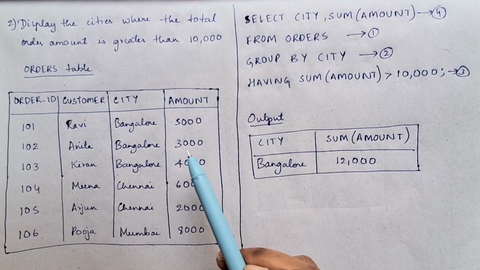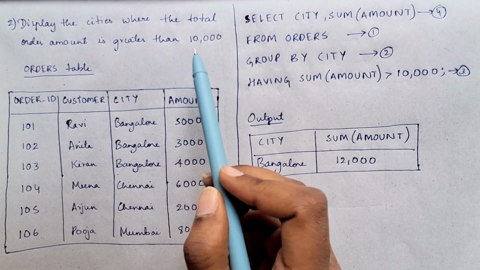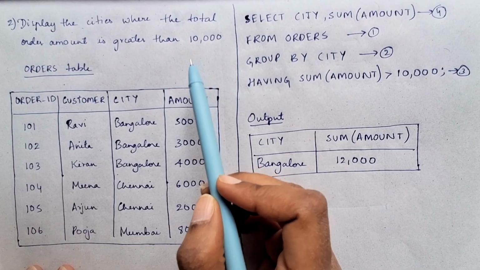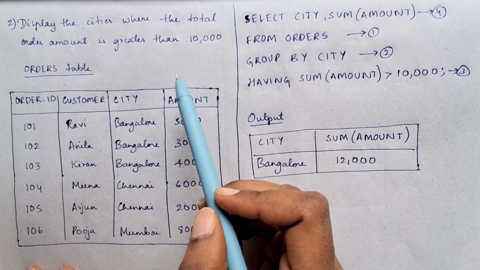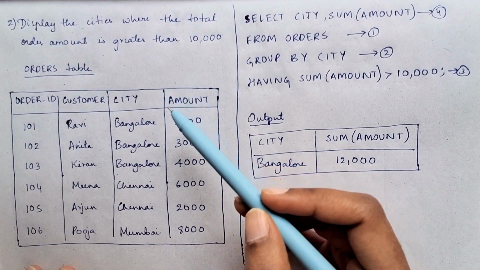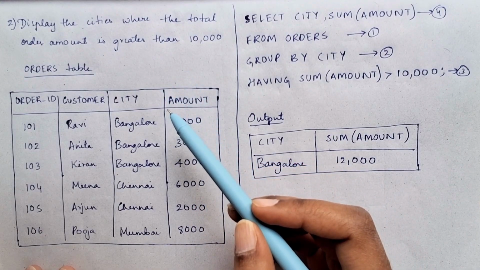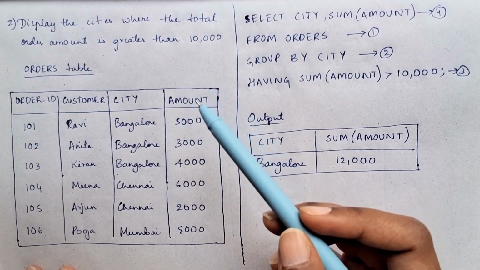Now listen carefully. Here the condition is given, that is greater than 10,000. This condition is applied after calculating the total amount for each city. So this condition is applied to grouped data. Guys, can we use the WHERE clause? No, it doesn't work on grouped data.